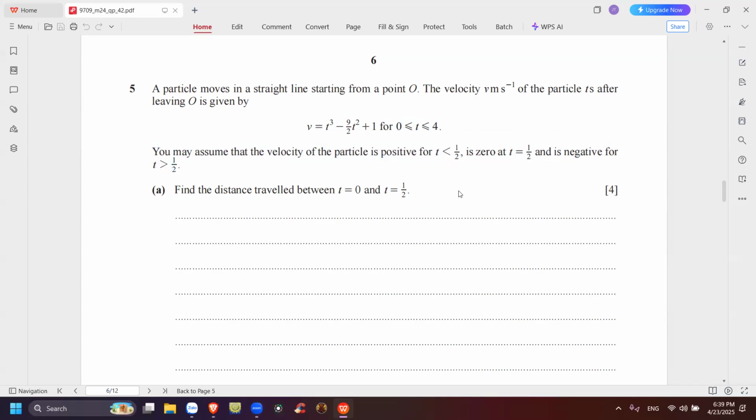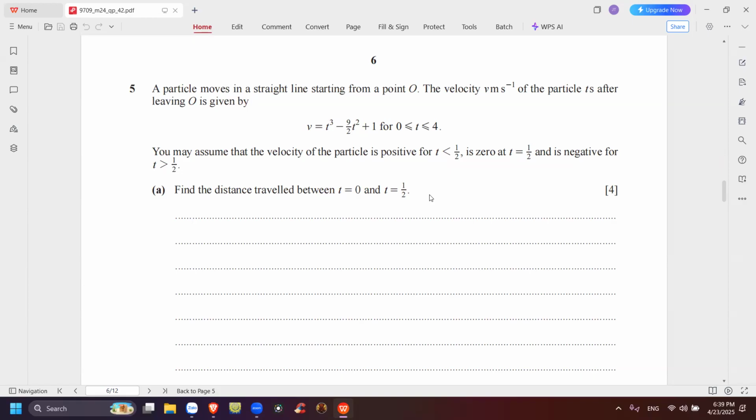You have to find the distance traveled between t equal to 0 and t equal to half a second. Mình phải tìm cái khoảng cách được đi lại giữa cái t bằng 0 và t bằng 1/2. So it's 4 marks. What are you gonna do about it now? The first thing, integrate it.